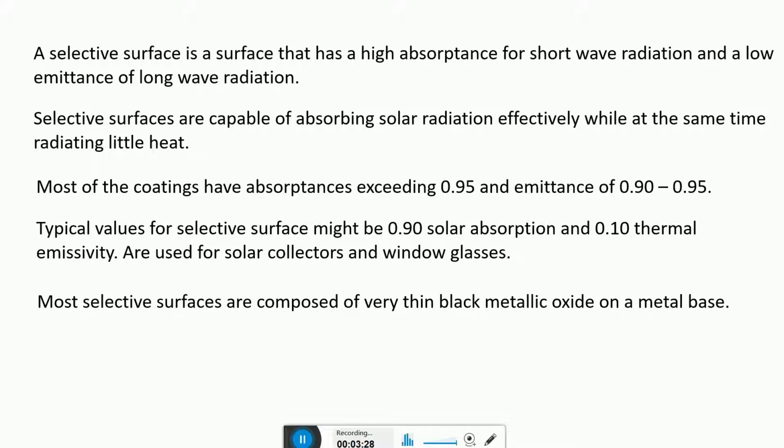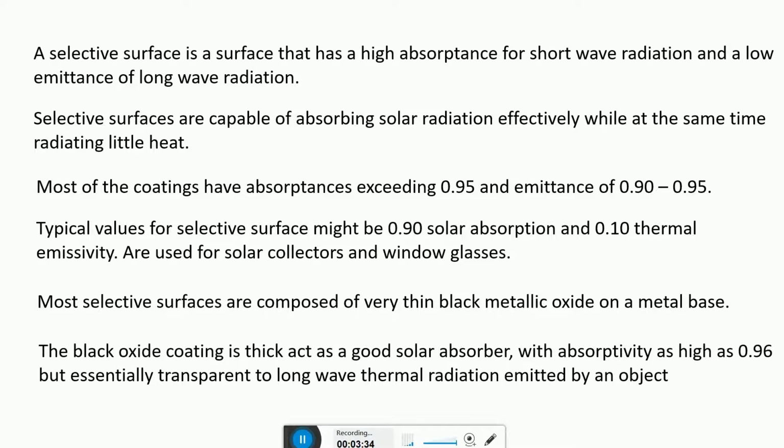Most of the selective surfaces are composed of very thin black metallic oxide on a metal base. The black oxide coating is thin, acts as a good solar absorber with absorptivity as high as 0.96, but is essentially transparent to long wave thermal radiation emitted by an object.